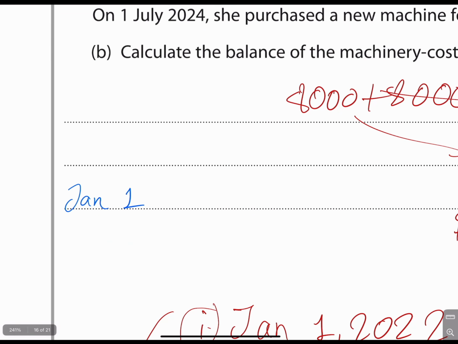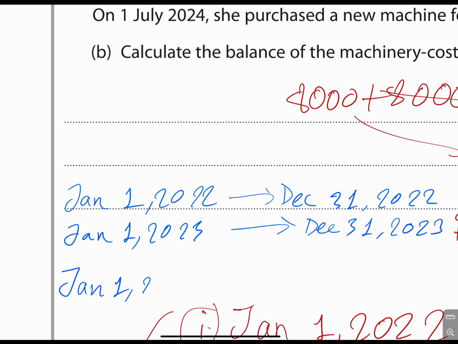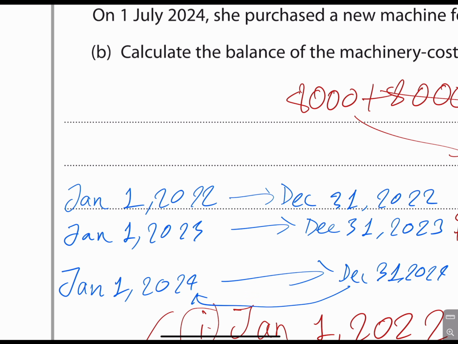Jan 1 2022, she passed 1 year, for business Jan 1 2023. Now we are doing this account for Jan 1 2024 to December 31st 2024. That's the period that we are doing it for, right?